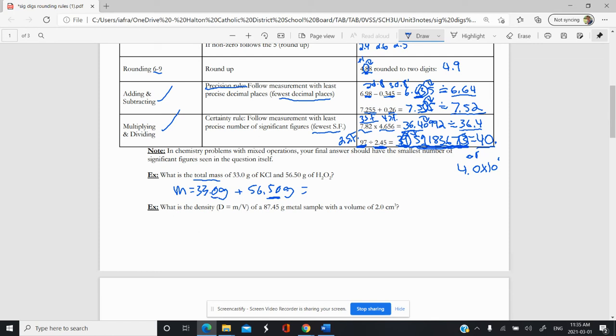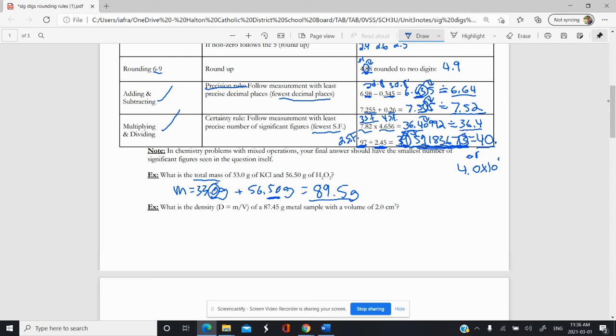And so we can see that in this question, 1 is the fewest number of decimal places. So if we do 33 plus 56.5, we get 89.5. Don't put 89.50 because then you have 2 decimal places. We don't want 2 decimal places. We want 1 decimal place, as you see over here. And don't forget to put your unit back: 89.5 grams.